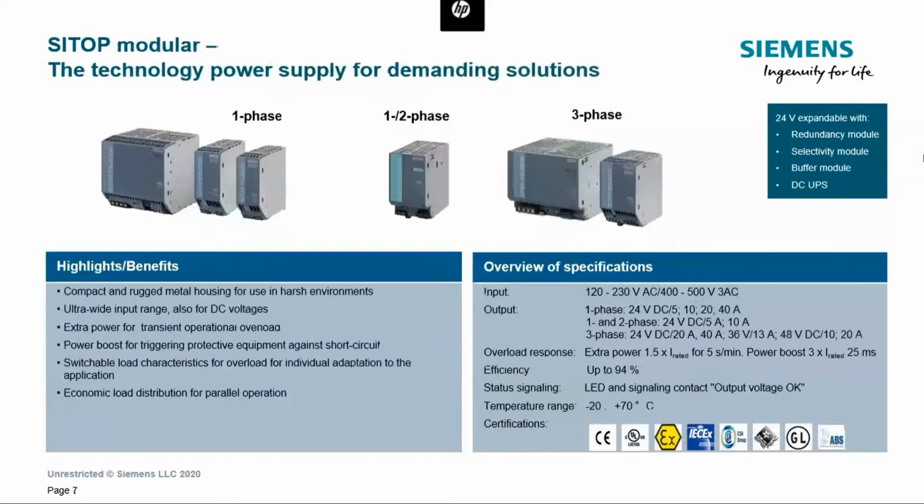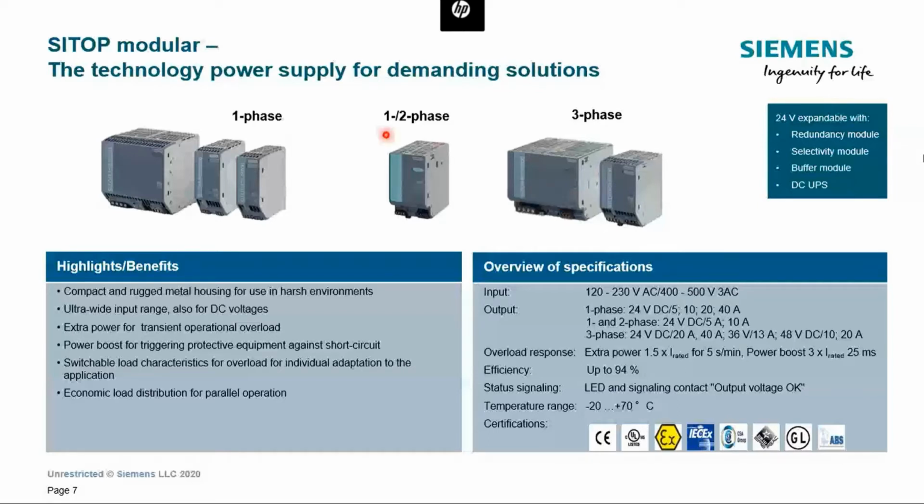Now, jumping to the advanced power supplies, we have two models. One is the SITOP Modular, and as you can see here, in addition to the single phase and 3-phase, we do have this universal 1-2 phase power supply.